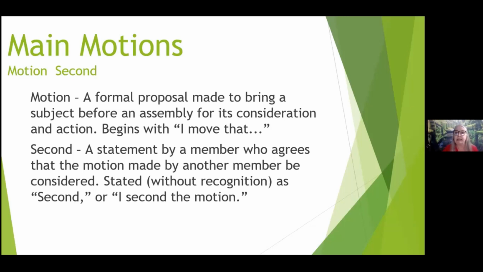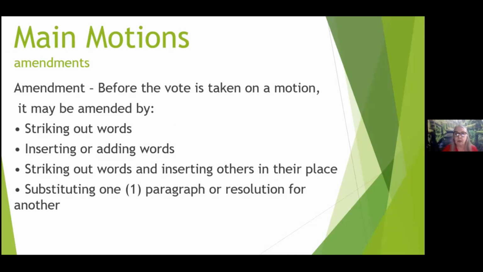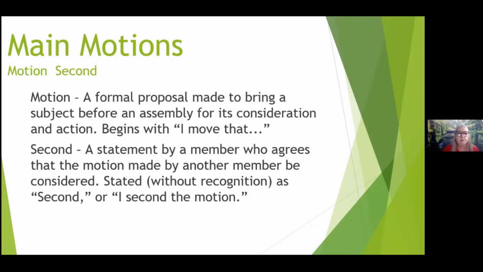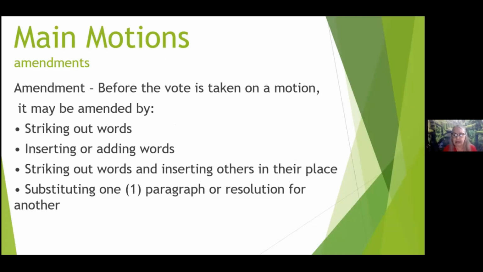And the main motion is debated. And then if somebody has an amendment, if they say, well, I like that motion, but they could say they wanted to strike out some words. They wanted to insert or add some words.